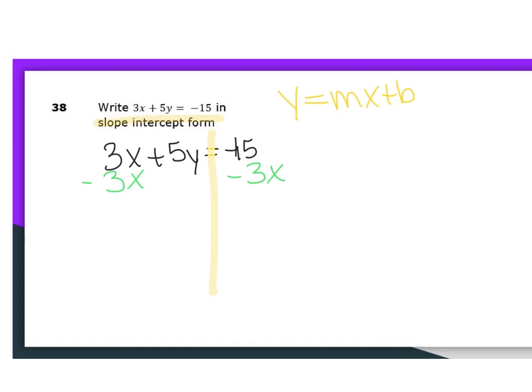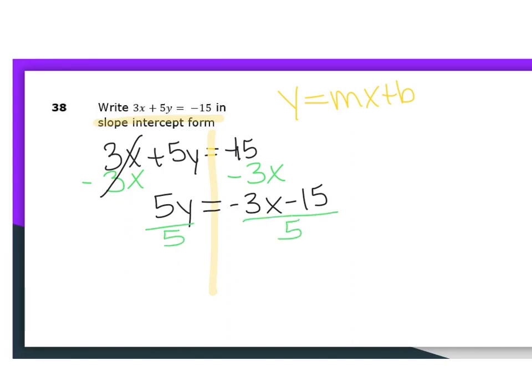This is going to have 3x minus 3x cancel out, leaving us with a positive 5y equals, and then this is going to be negative 3x minus 15. Because they are not like terms, they cannot be combined. Now we can go ahead and divide everything by 5. And when we do that, the 5's on the left cancel out, leaving us just with y.